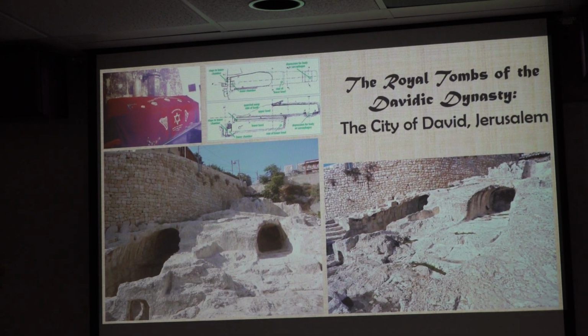So there may be some small kernel of truth there. The later kings of Judah, the last kings of Judah, some of them may have been buried in this vicinity, but not David.